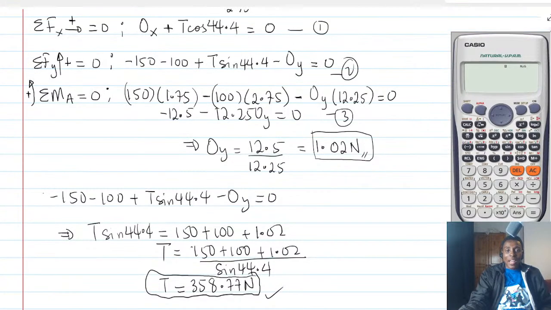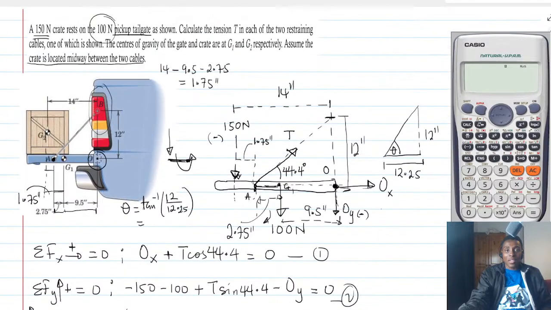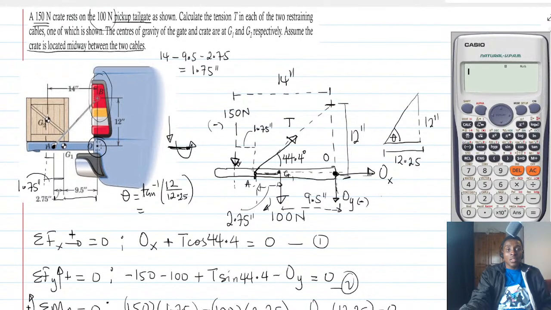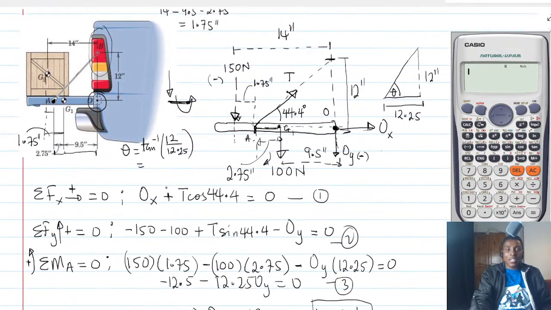Therefore, we can go back and solve for OX. So OX from here. Okay, let me bring it down.